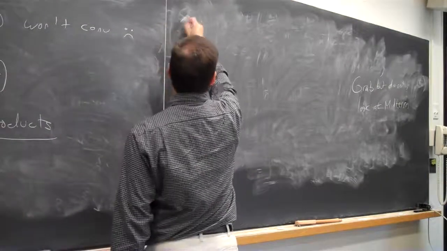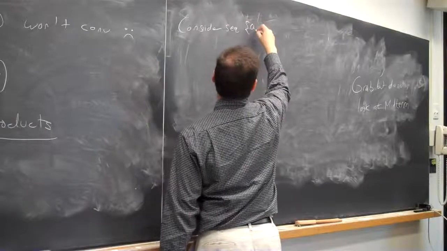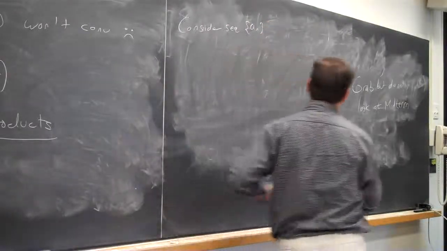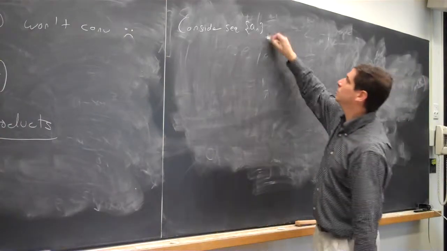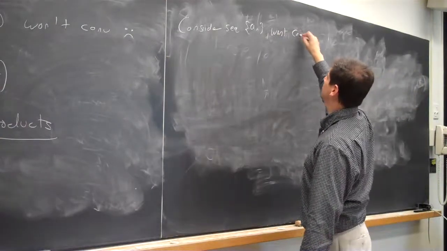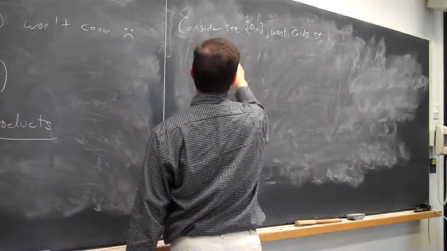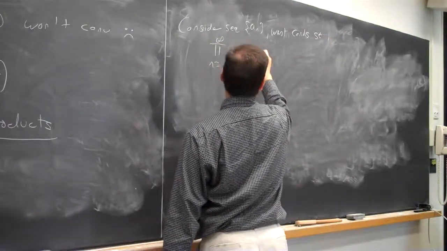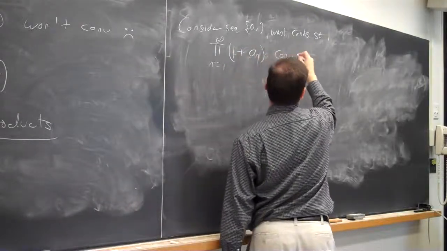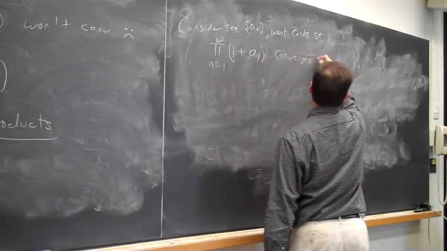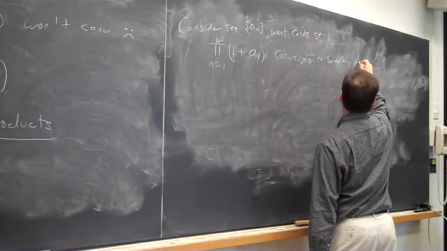So consider a sequence an, and I want conditions so that the product n goes from 1 to infinity of 1 plus an converges to something non-zero.